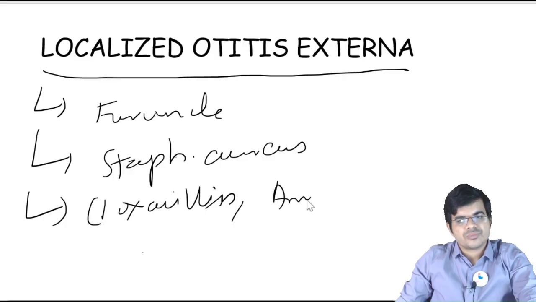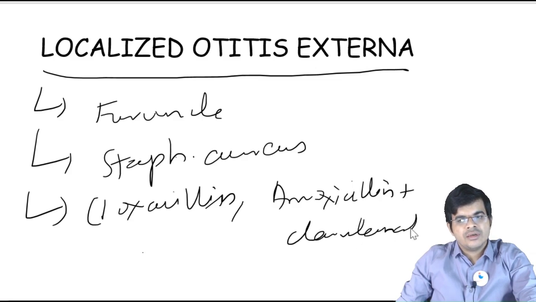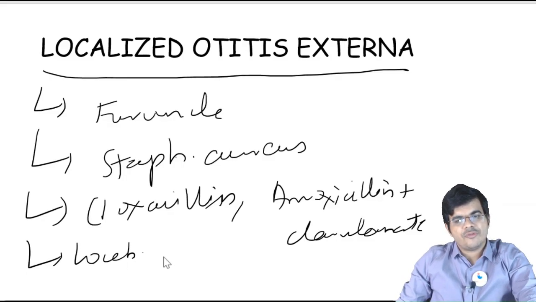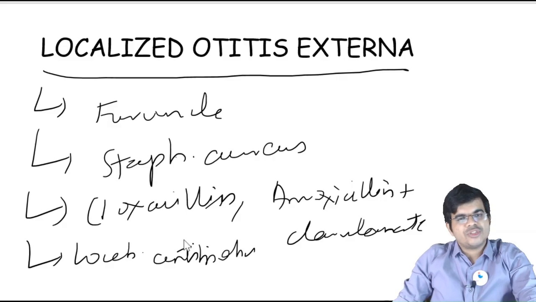Okay, amoxicillin plus clavulanate to encounter the penicillinase resistance of the Staphylococcus aureus can be given along with local antibiotics in the form of ear packing. Okay, so that's about the localized otitis externa.